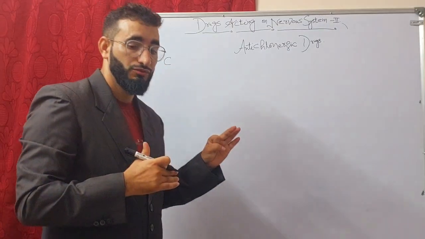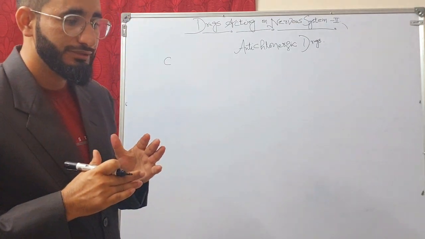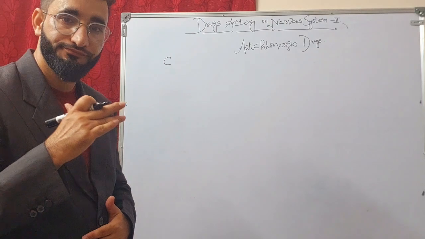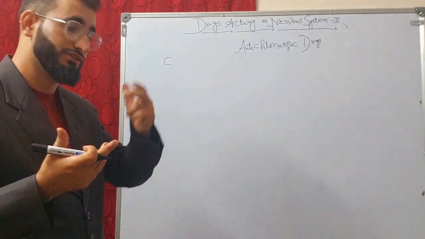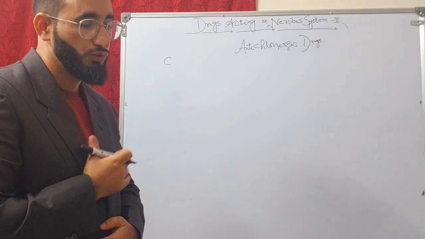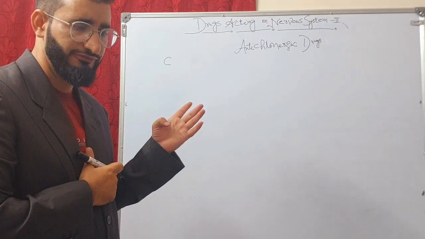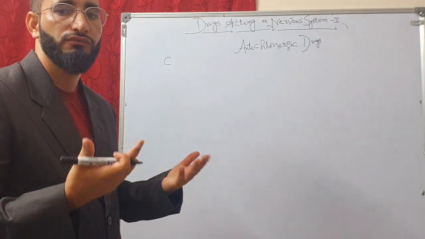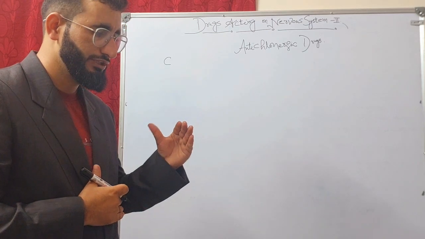Why I am explaining this is because I want to highlight the importance of chemical classification. Usually physicians don't need this classification, but for a pharmacist, a doctor, and for a clinical pharmacologist it is important. That's why we will look at the classification.